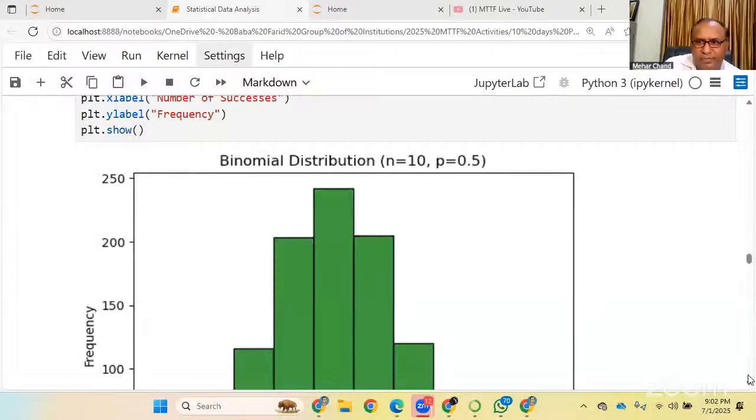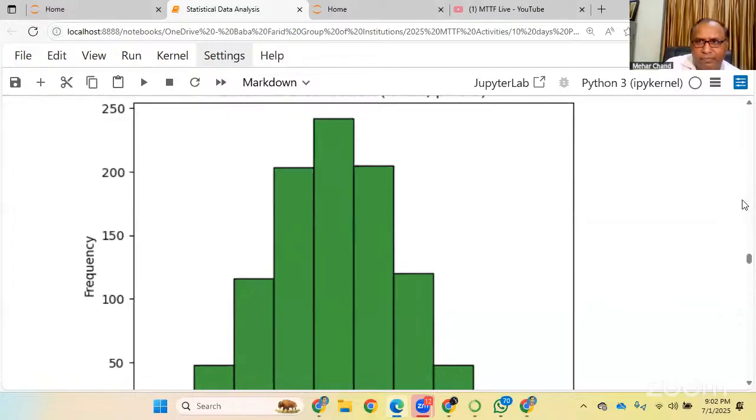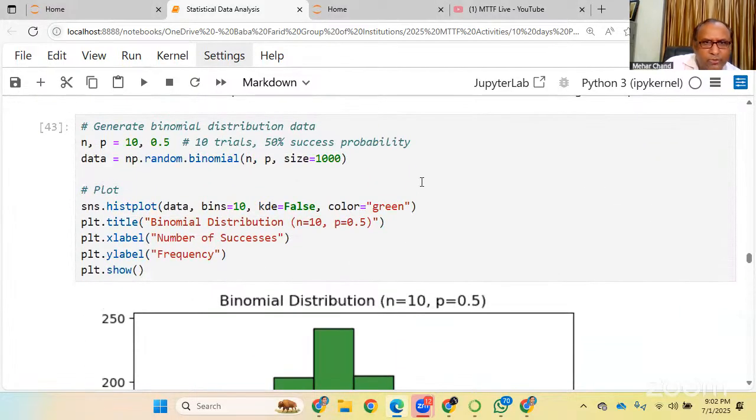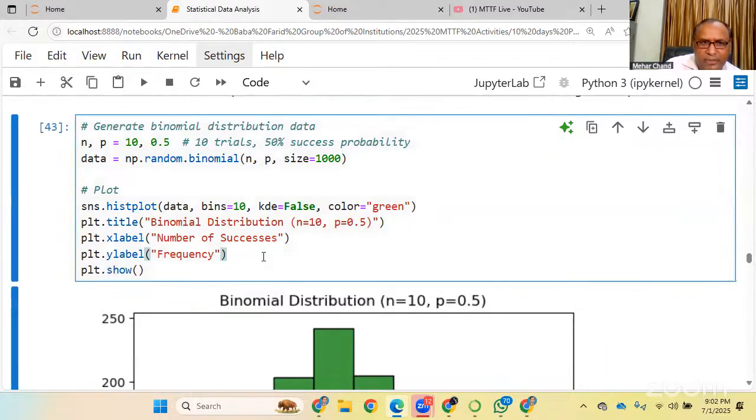Okay, so I am sharing my screen, and you can see my screen. Here you can write.